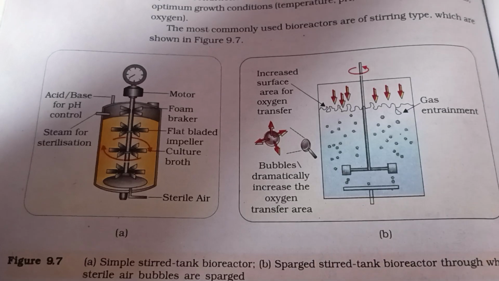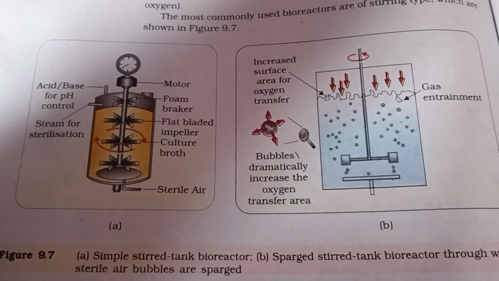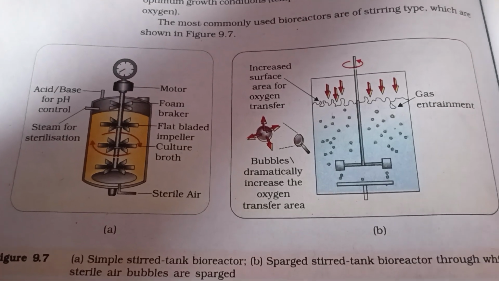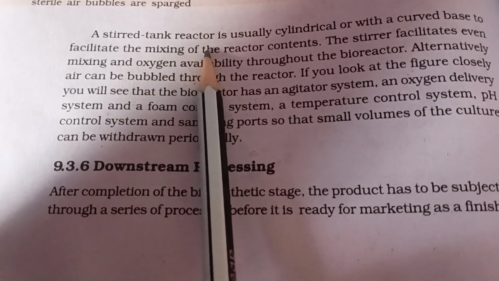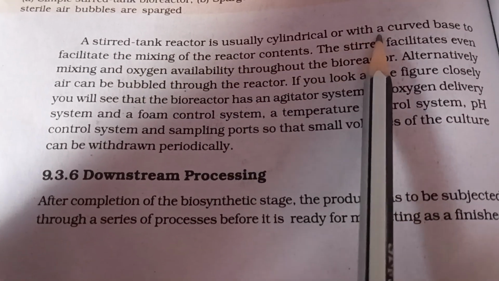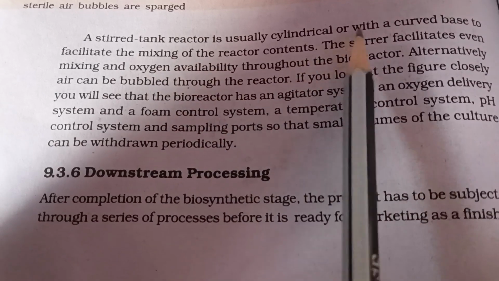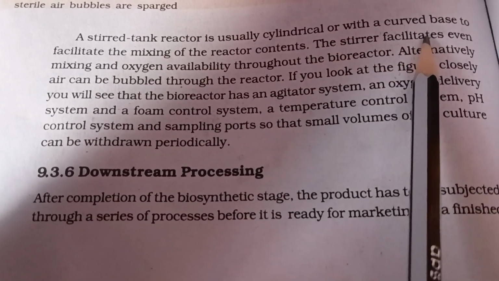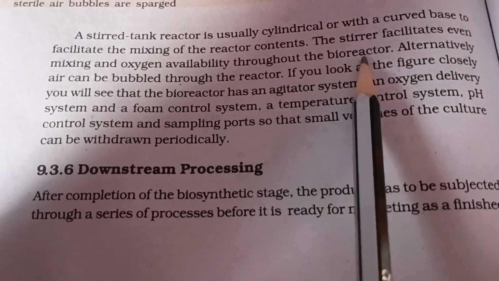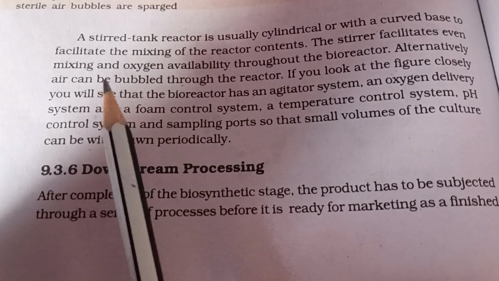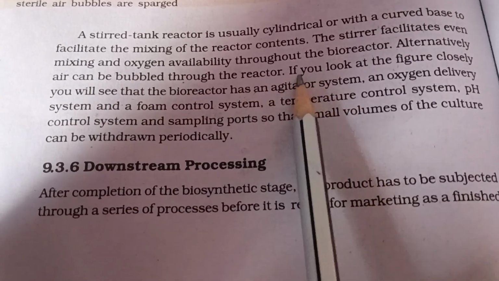The most commonly used bioreactors are of stirring type. A stirred tank reactor is usually cylindrical or with a curved base to facilitate the mixing of the reactor contents. The stirrer facilitates even mixing and oxygen availability throughout the bioreactor. Alternately, air can be bubbled through the reactor.